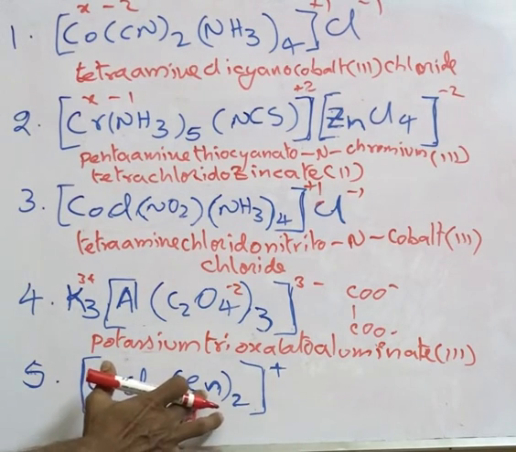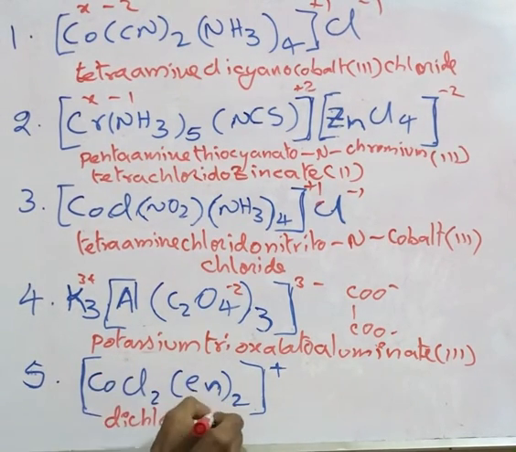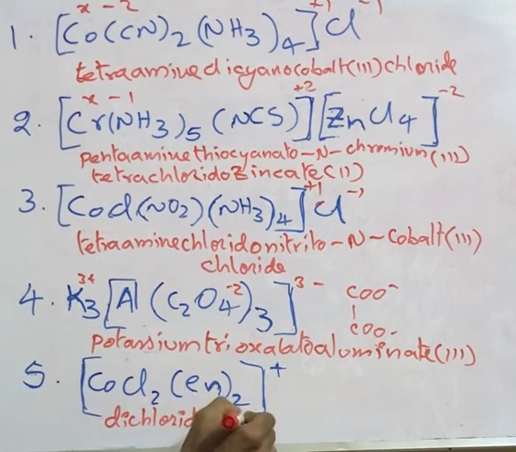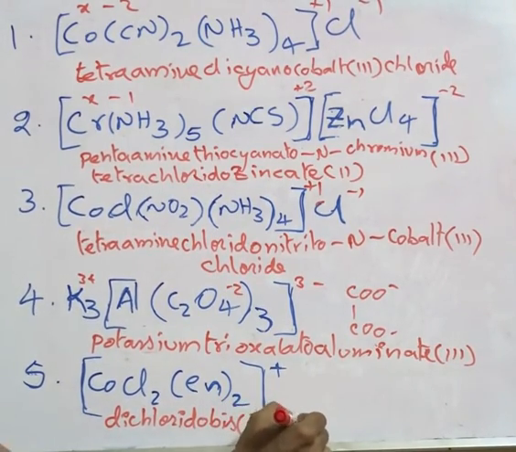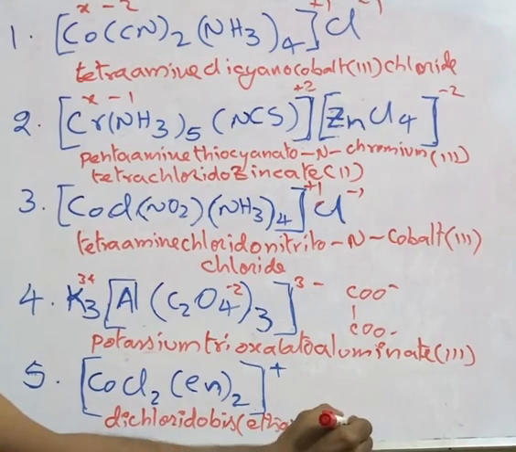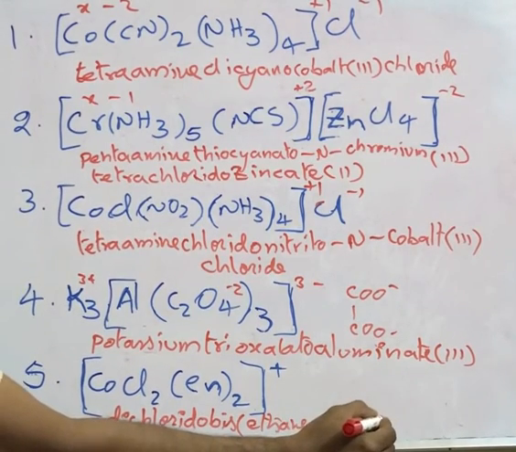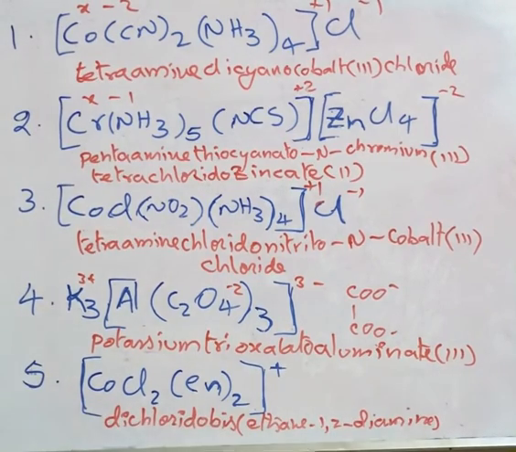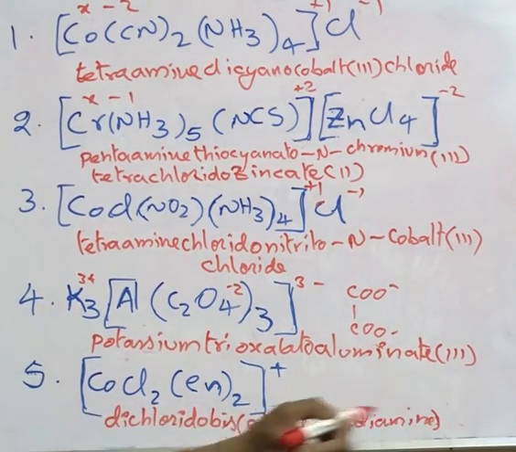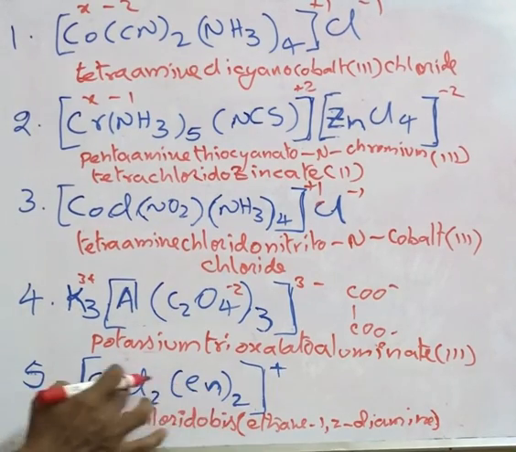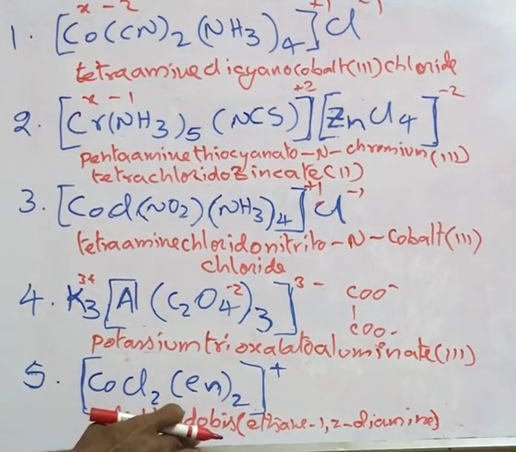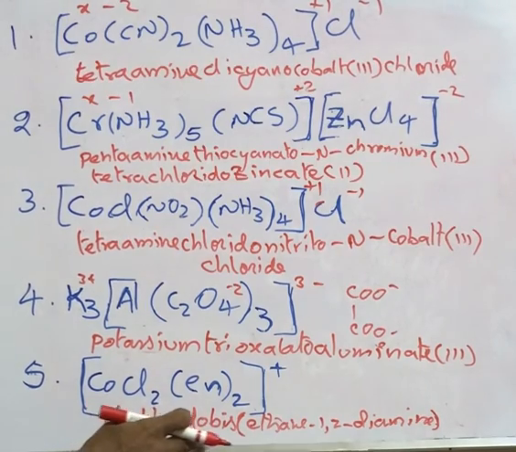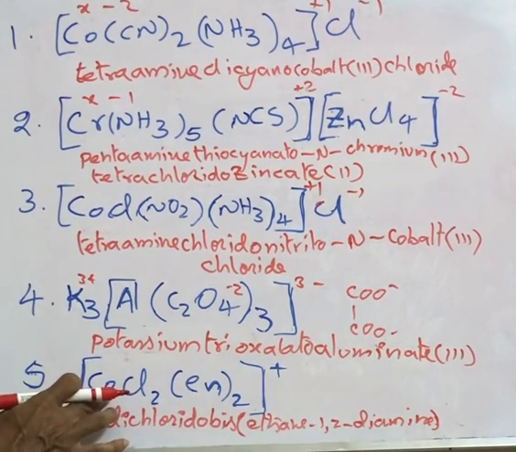Here I have 2 ethylene diamines, so we write bis, ethane-1,2-diamine. So dichlorido, bis(ethane-1,2-diamine), cobalt.